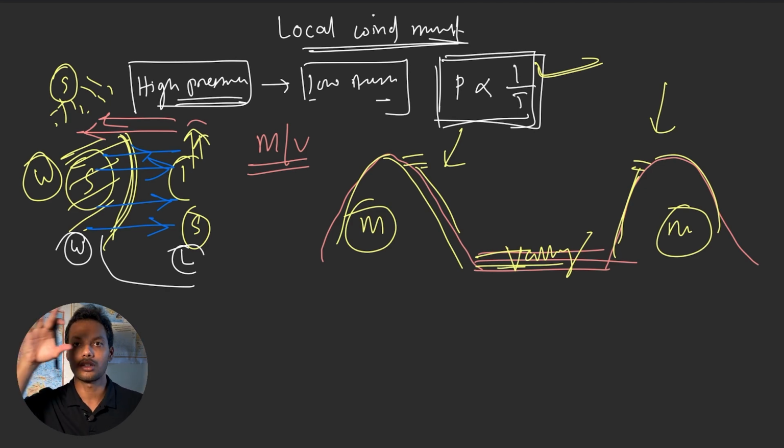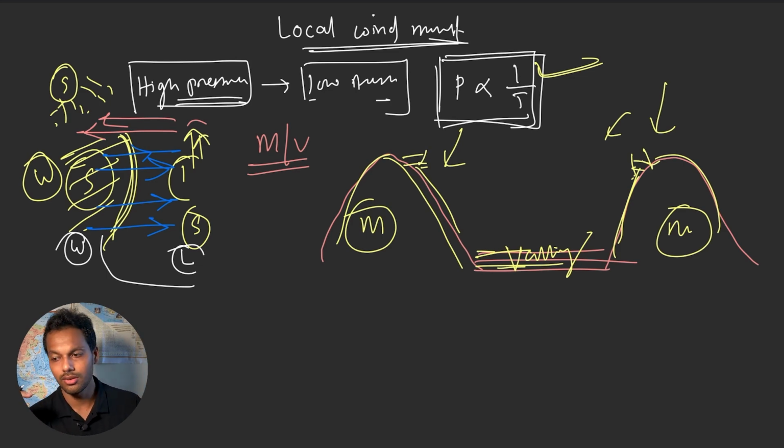When the sun rises, the solar radiation will fall directly on the mountain or the highland, whereas on the valley it will come after that. During the initial phase, early morning or before noon, the mountain will warm up faster due to the direct solar radiation.